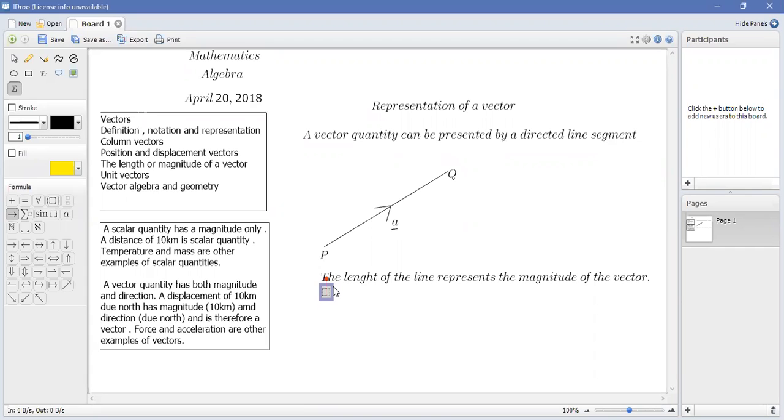I think the line should have some form of measurement or something.